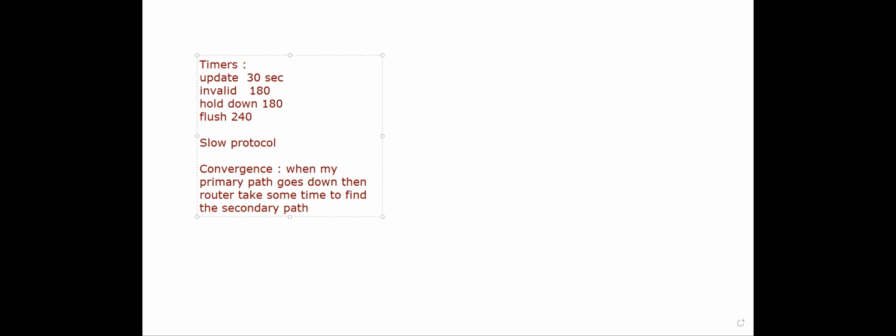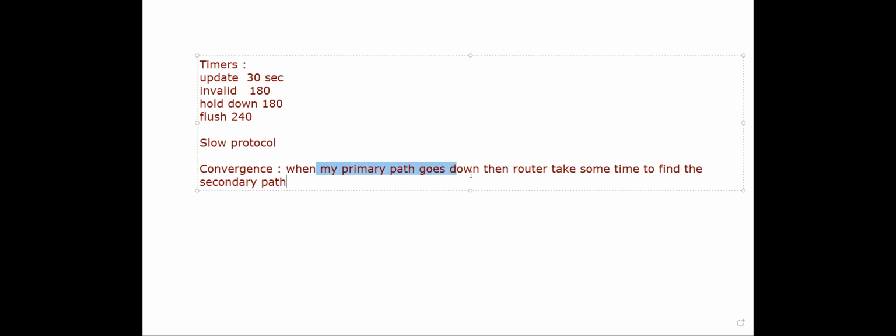Okay, for example, I have 2 paths, and my first path is my primary path because of less hop count. In any condition in which my primary path goes down, the router will take some time to find the secondary path. That time period is known as convergence. So RIP changes its path very slowly. Okay, that's why it is a slow protocol also.